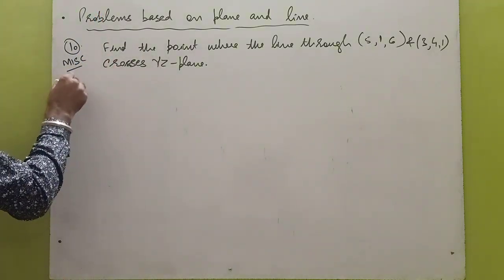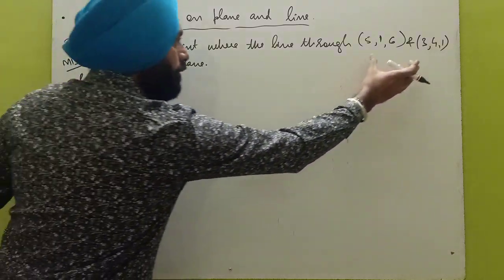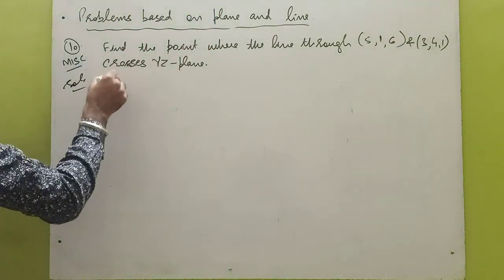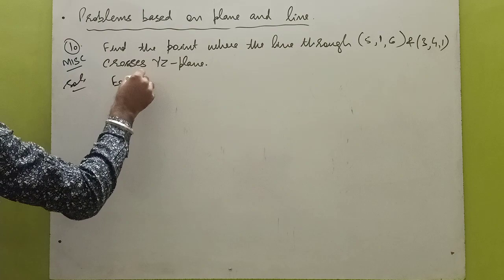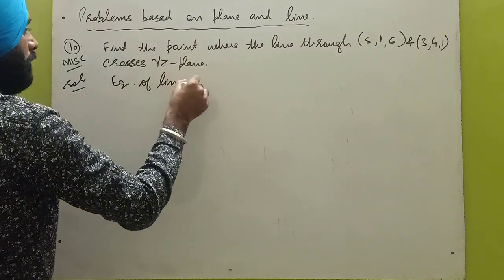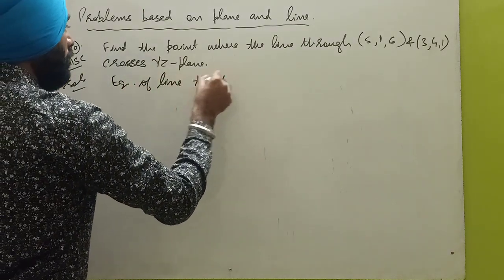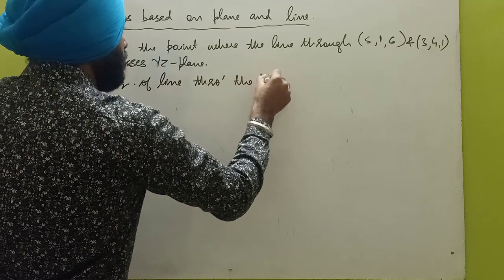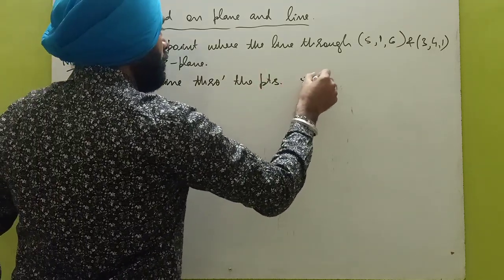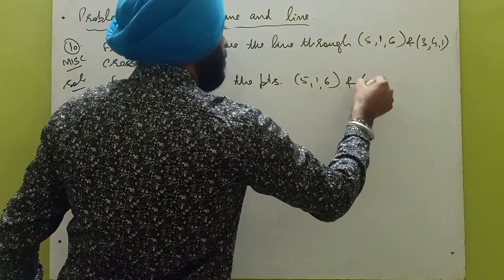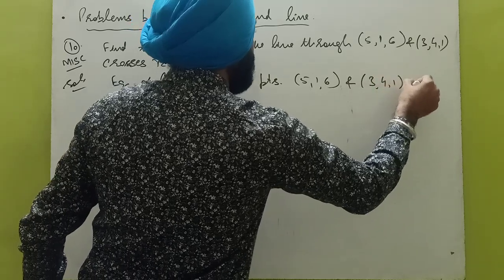So first of all in this question, we will find the equation of the line passing through 2 points. So the first step is the equation of the line through the points (5, 1, 6) and (3, 4, 1).